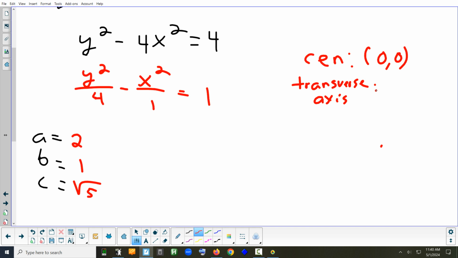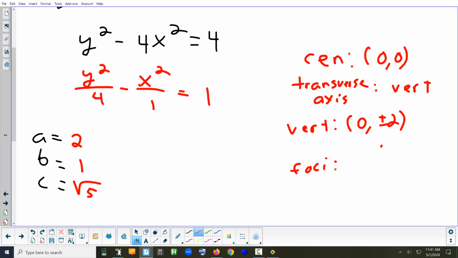Which way does it go? Vertical, because the y is positive. Okay, now we can do vertices. What are my 2 vertices? 0, negative 2, and 0, 2. Yep, 2 units above and below the center.